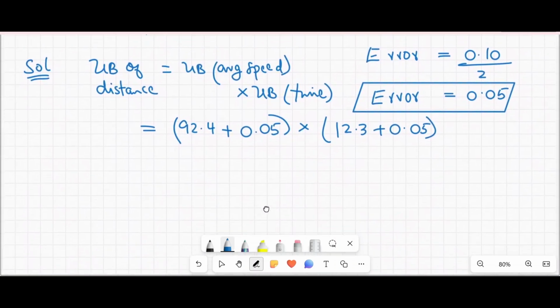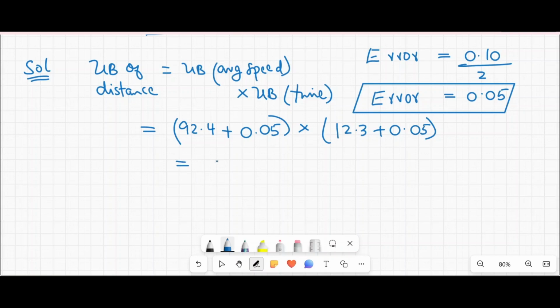Now we will add these terms: 92.45 into 12.35. When we multiply these terms, let's use the calculator.